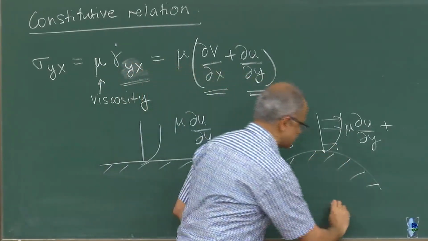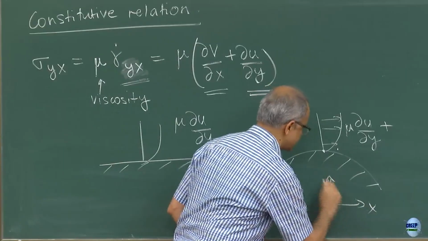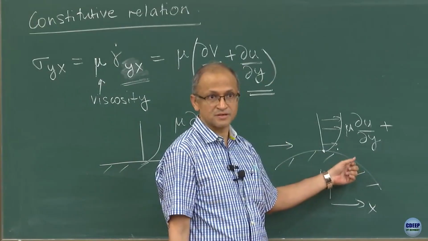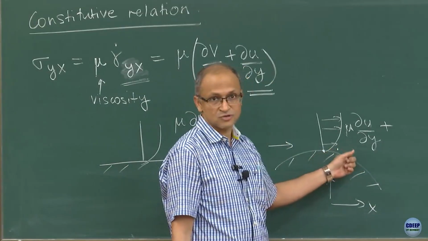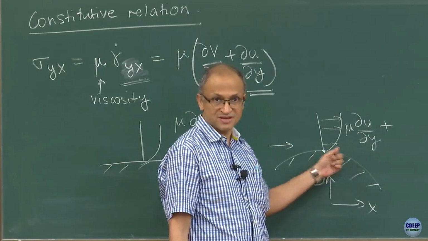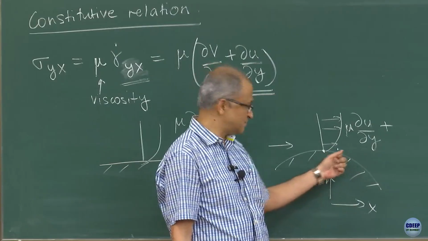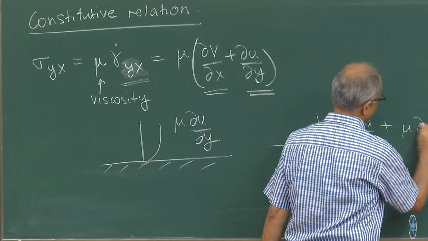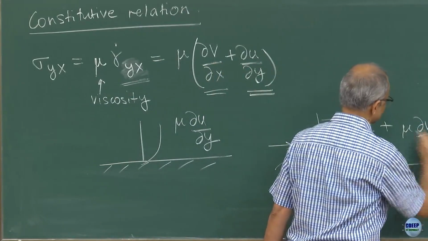This is my x direction, and this is, of course, my y direction. Yes, there is. Velocity is zero here, and non-zero here. So there is a change in velocity v between these two points, and therefore this term is also present.